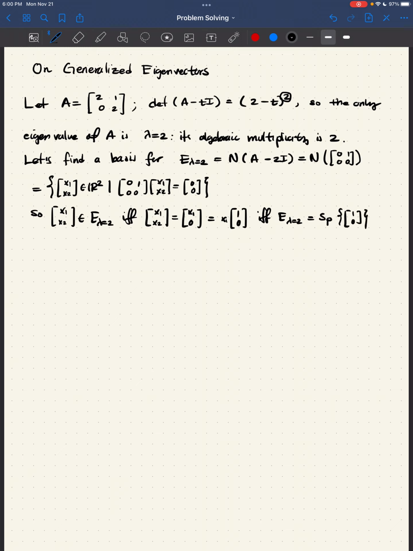In other words, the geometric multiplicity of lambda equal to 2 is 1. So in this case, we say that the matrix is defective.